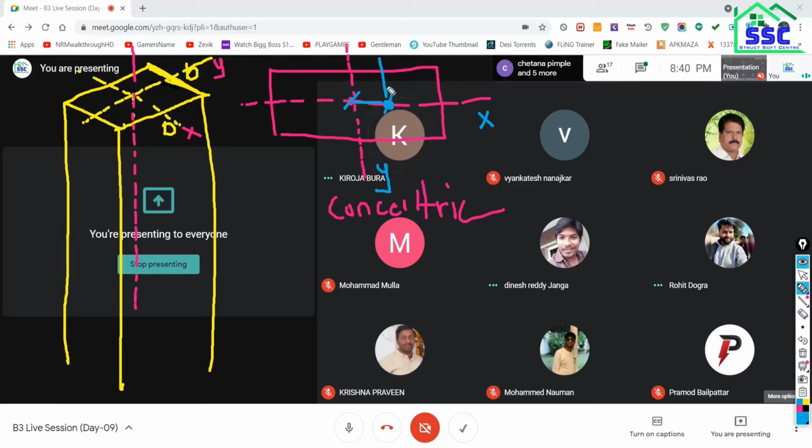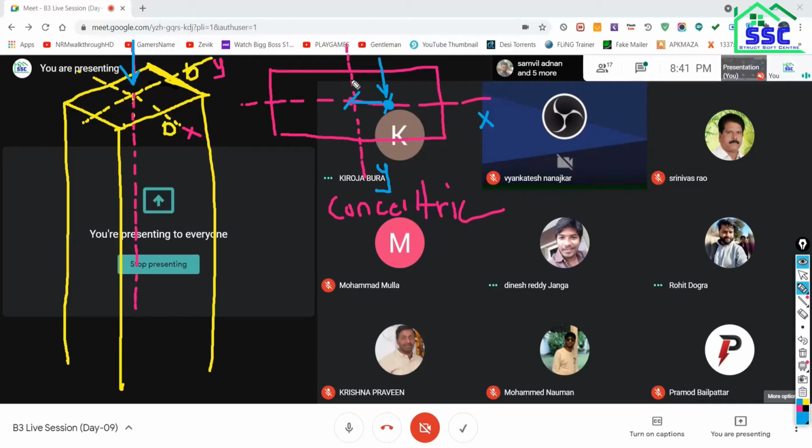In the first situation, when the force acts at the center, there is no eccentricity. But in the second situation, the force acts away from the center, though it is on an axis, either in the x direction or on the y axis.